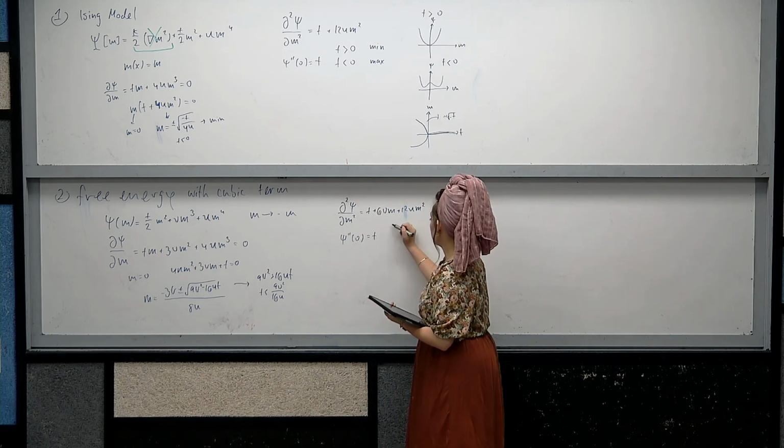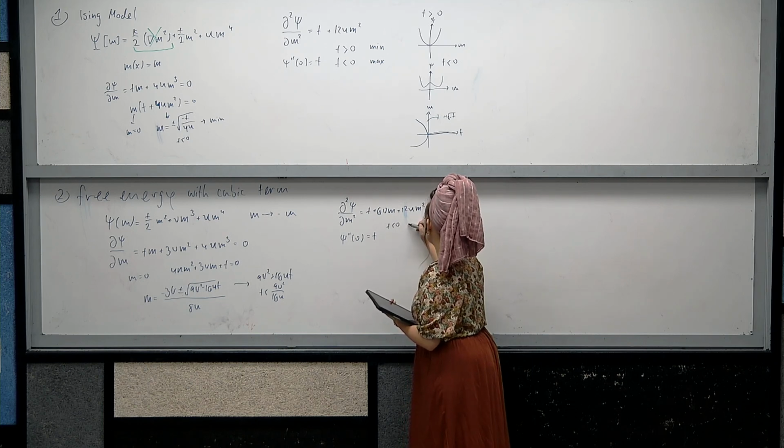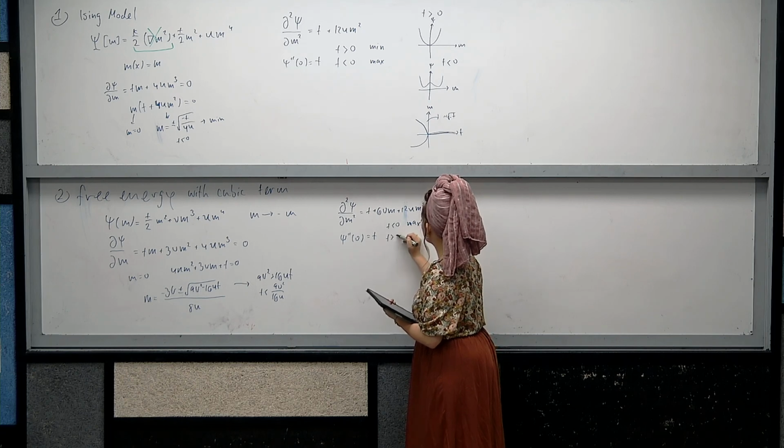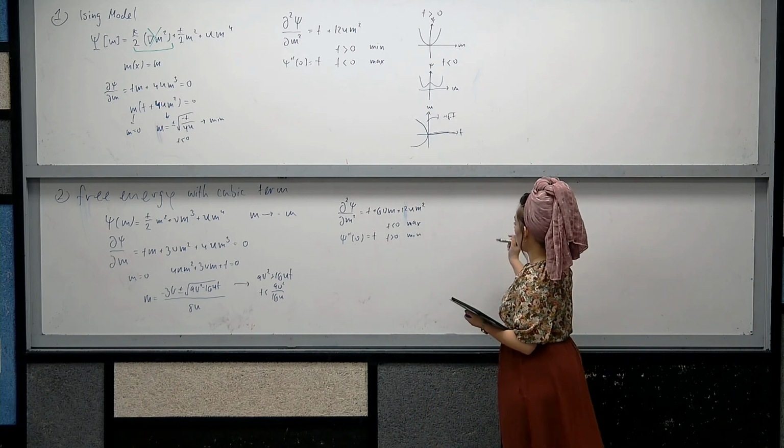Okay. So again, when t is smaller than 0, this is a maximum. When t is larger than 0, this is a minimum.